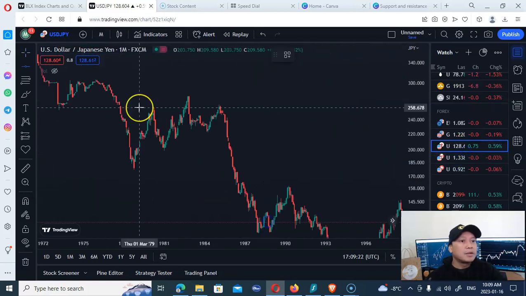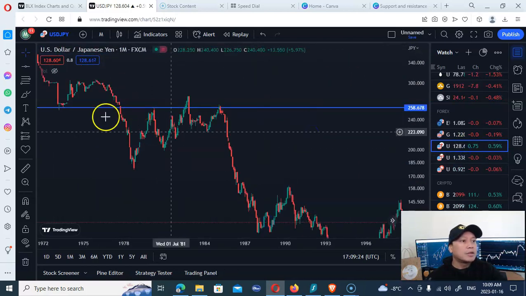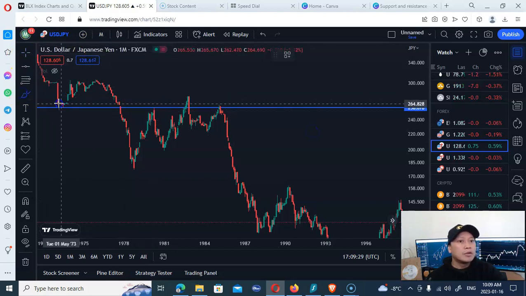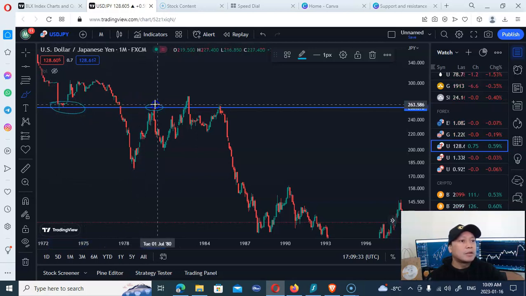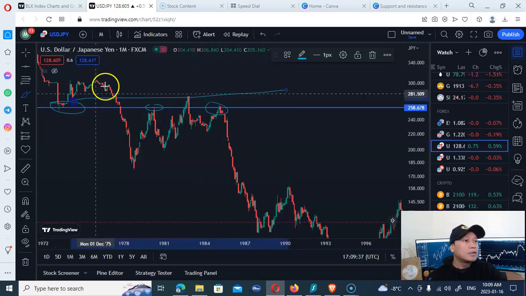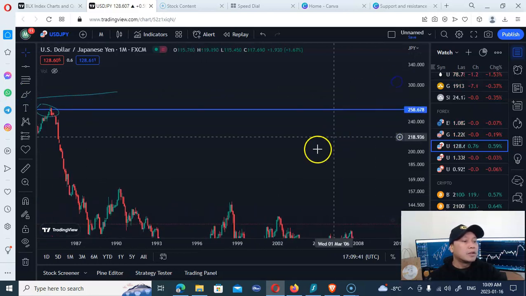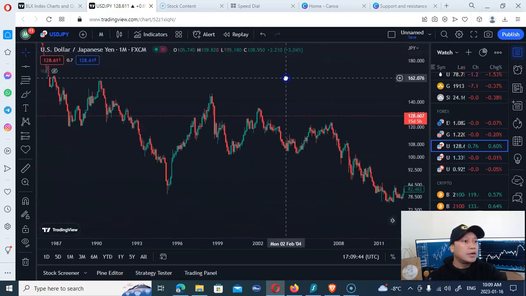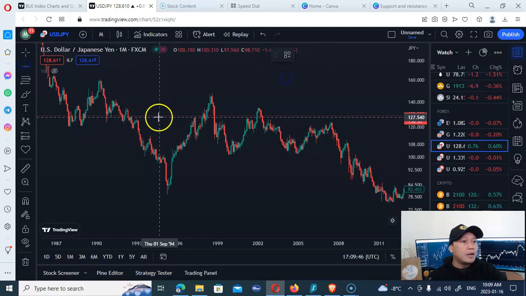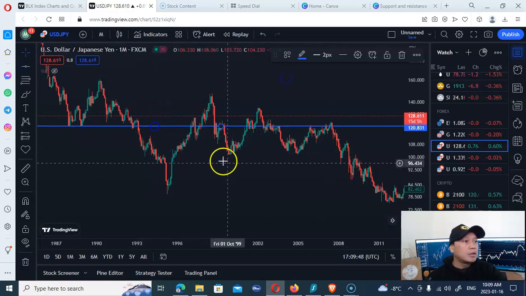USDJPY, the price somewhere here. Okay, so the price somewhere here, right? So of course the price reacted somewhere here, here, here. See in the future though, nothing in here. So let's go down and let's see the price somewhere here.